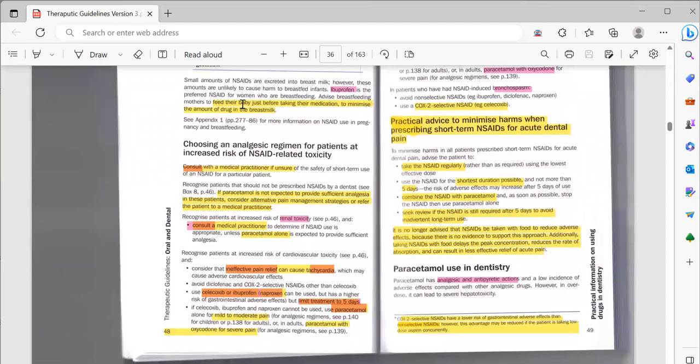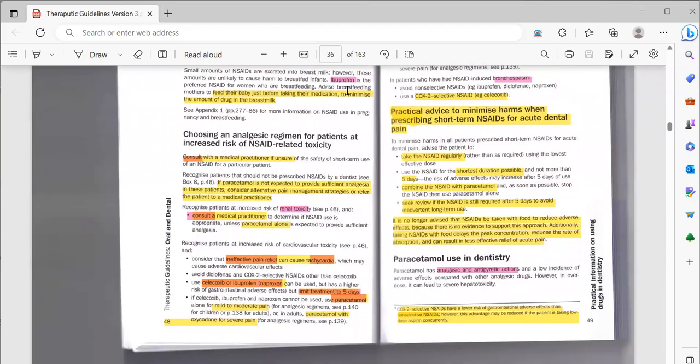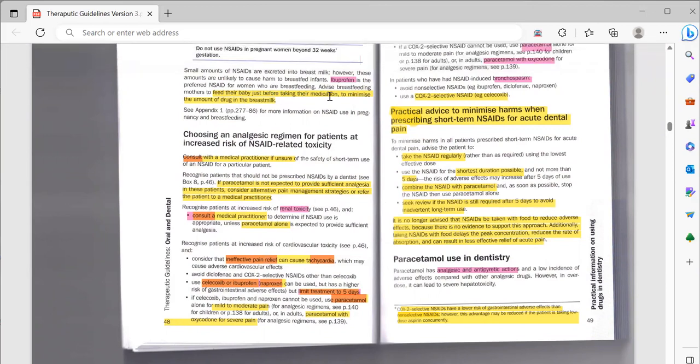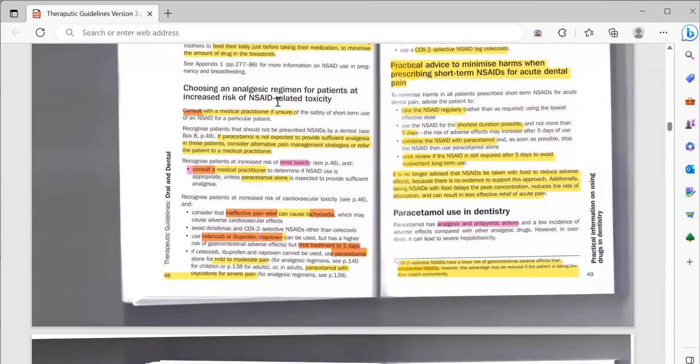Ibuprofen is the preferred NSAID for women who are breastfeeding. Advise breastfeeding mothers to feed their baby just before taking their medication. For example, if the patient needs to take the medication at 8 a.m., you advise them to feed their baby before 8 a.m. so that there would be a minimum amount of drug in the breast milk.